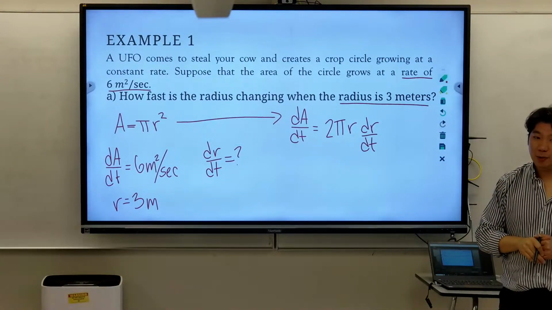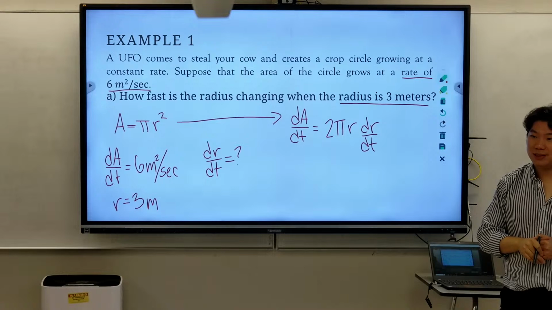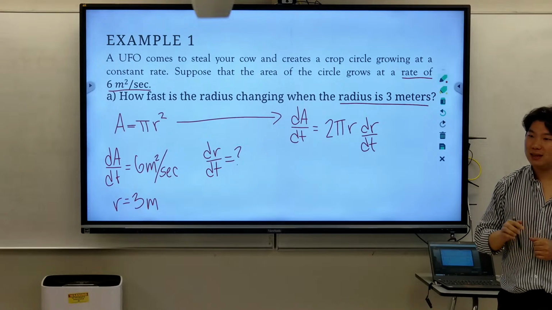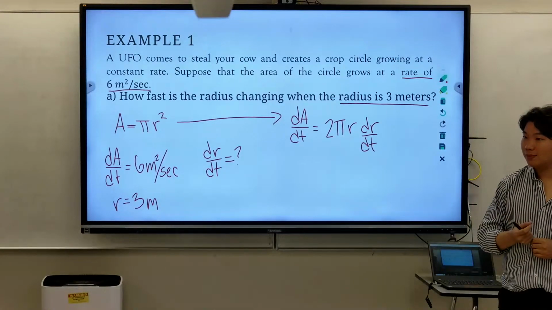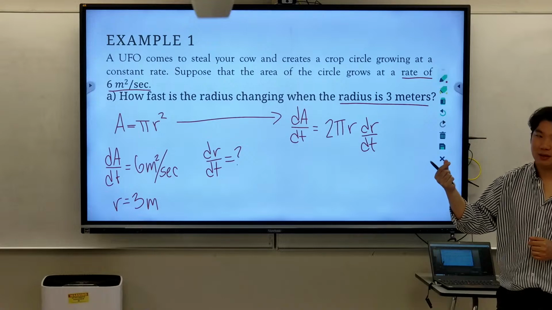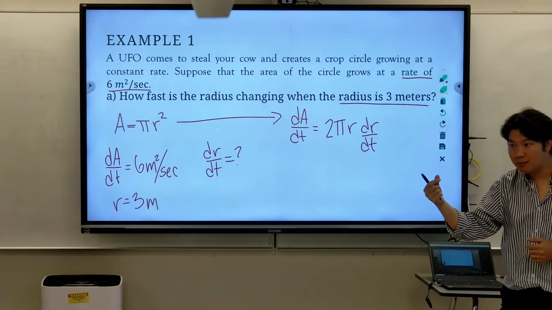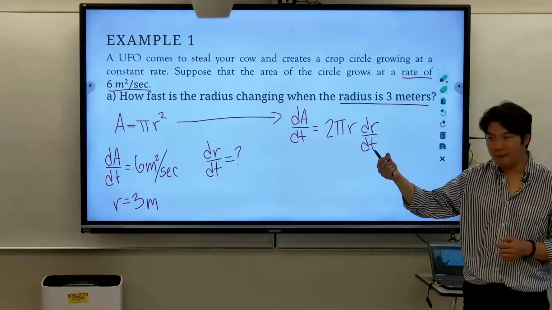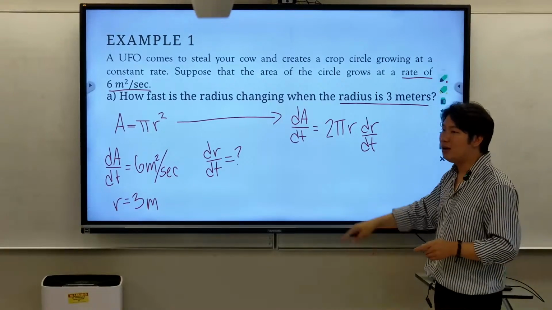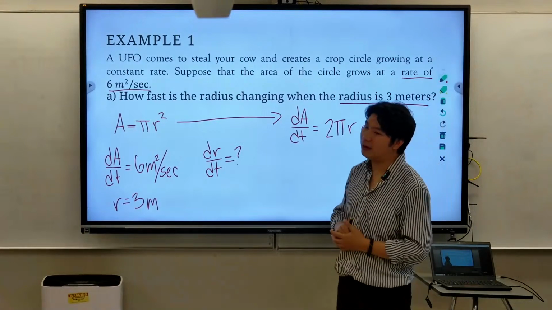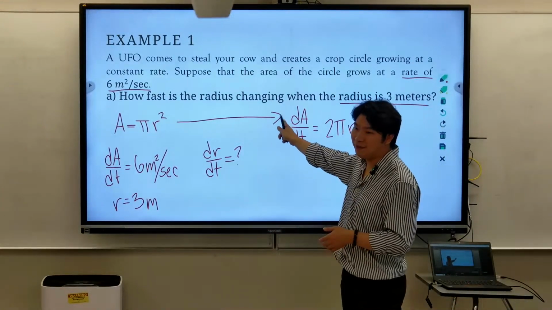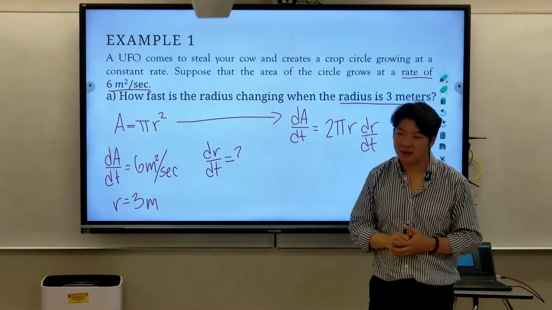What we basically did here was implicit differentiation with respect to time. Remember how before, anytime we took a derivative of y, I had to write dy dx. And we didn't do it for a derivative of x, otherwise you would get dx over dx. Here, since I'm taking the derivative with respect to time, I have to throw on the d whatever dt each time I take the derivative.